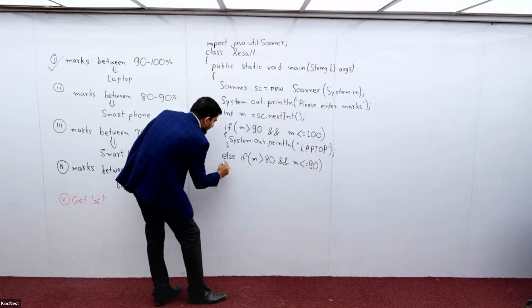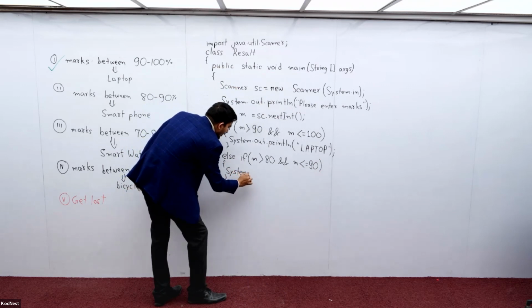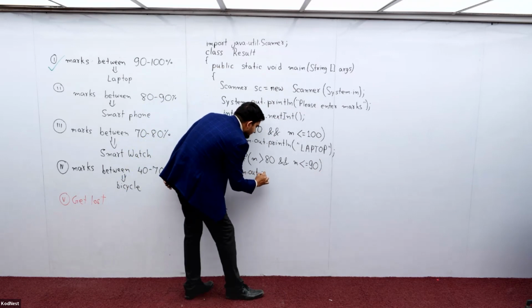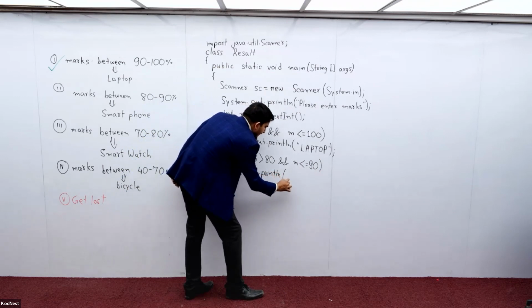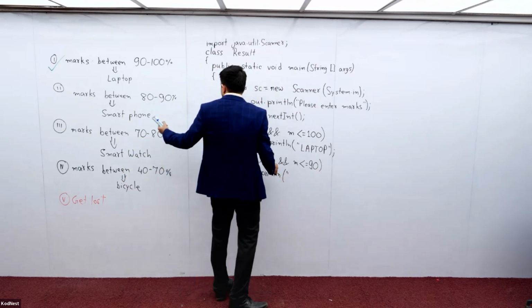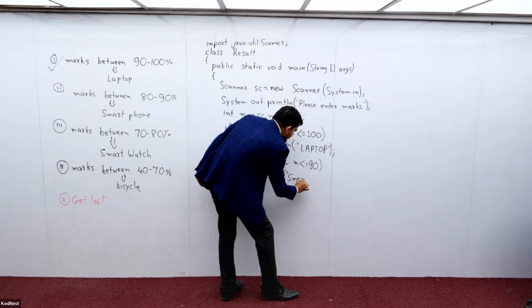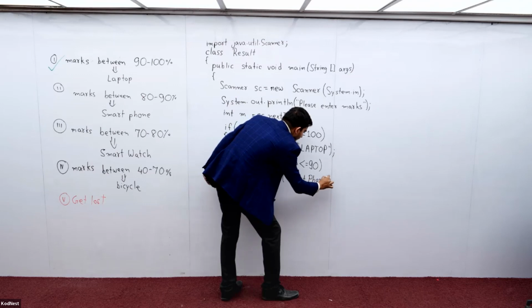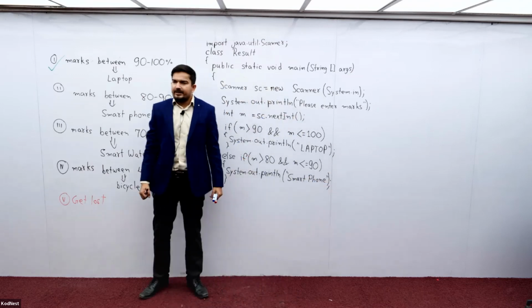Maybe I'll say system dot out dot println. Maybe I am simply going to say what? Smartphone. This is how we can check for the second condition.